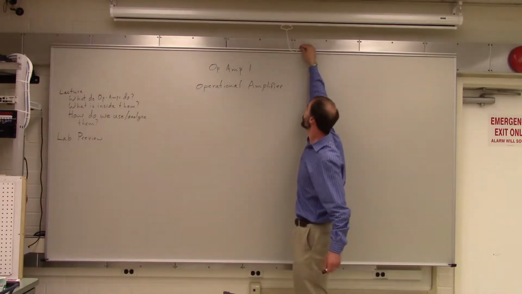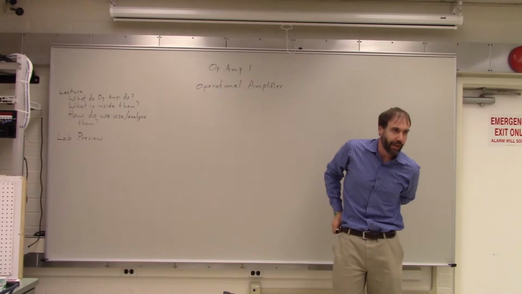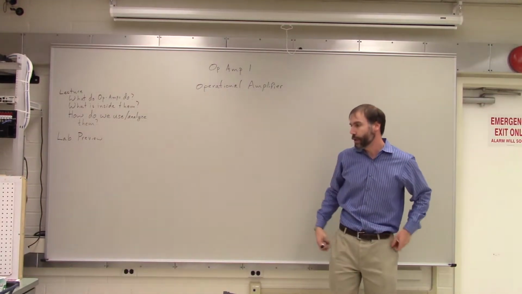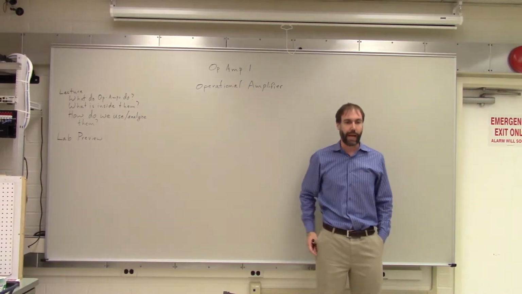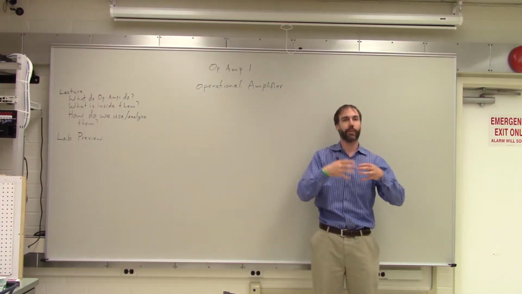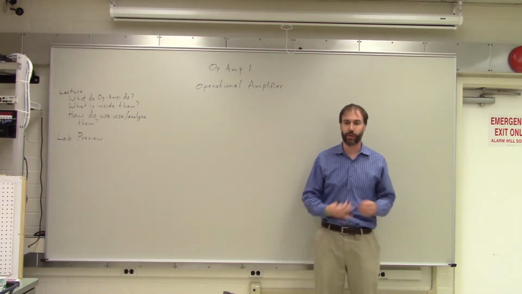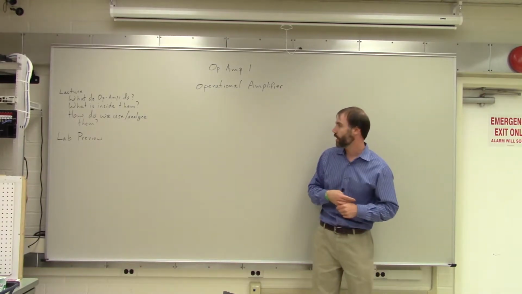The good news is that you don't have to understand all of that stuff in order to use op-amps. Op-amps are very useful because they abstract all of those complicated circuits inside, and you don't have to think about any of that stuff when you're building op-amp circuits or analyzing somebody else's op-amp circuits.